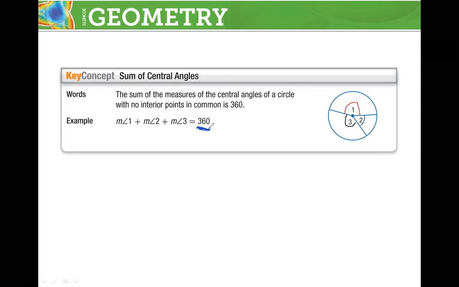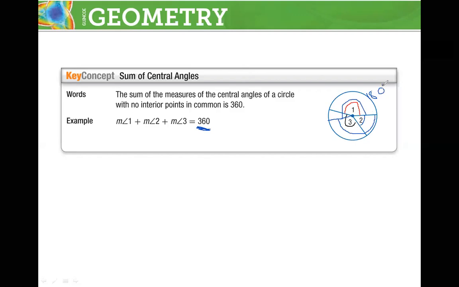So the angles accumulated around a point is equal to 360. If I make a line like this, it represents half of the circle, and this represents the other half of the circle. Half of the circle is 180.